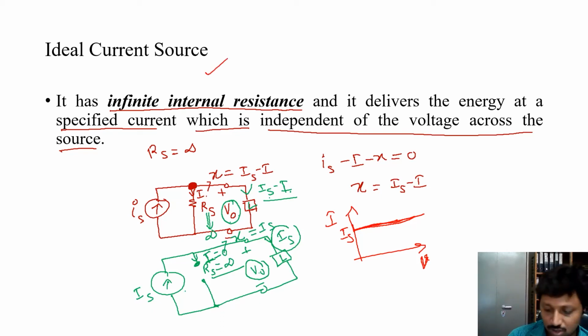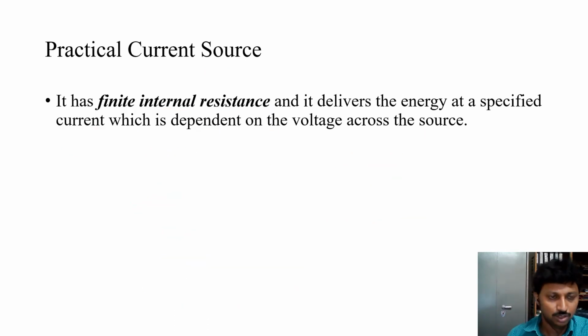Next we see the practical current source. A practical current source means finite internal resistance. It has some internal resistance, and this practical current source delivers energy at a specified current which is dependent on the voltage across the source. I'm going to explain what it is.